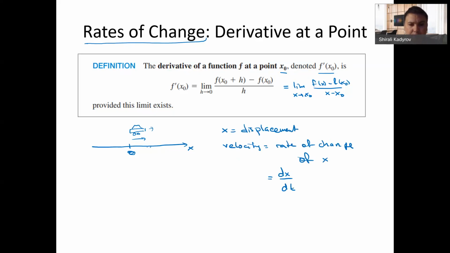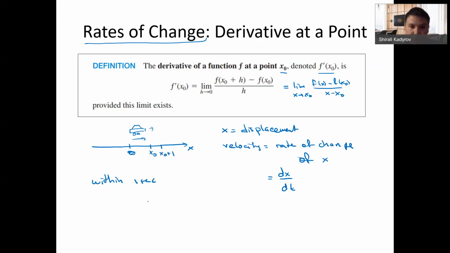And how do you determine this change? Let's say per second, within 1 second of time. If you're at a position x0 and you want to find out what happens within 1 second, what would you do?